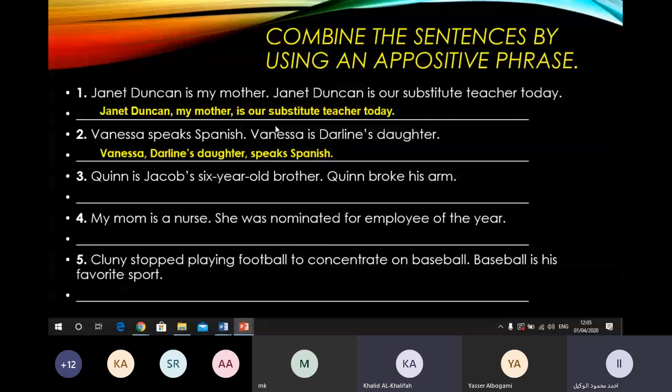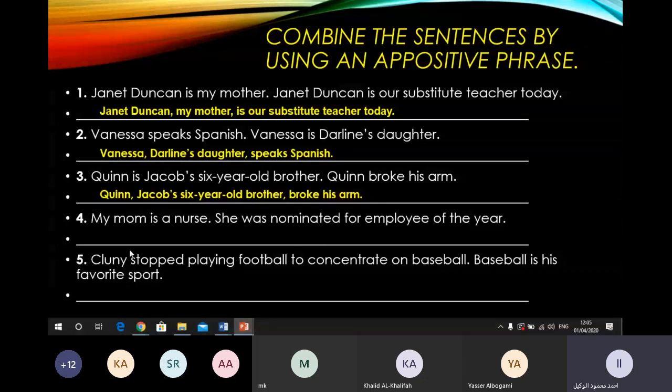Bravo. Very good. So we have here Quinn, comma, Jacob's 6-year-old brother, another comma, broke his arm. So we combined both independent clauses into just one clause using this extra information, which is called an appositive phrase. Very good, Khalid. Very, very good.